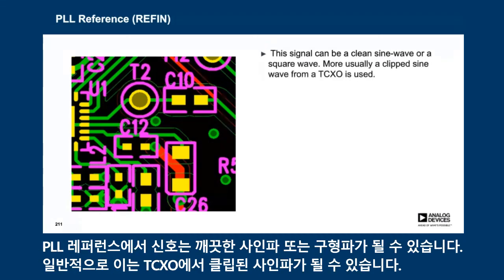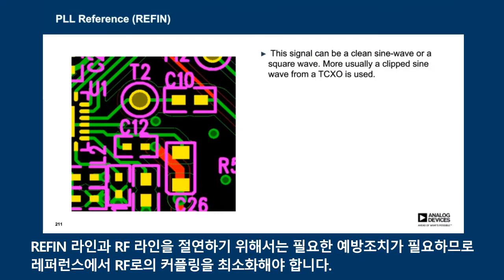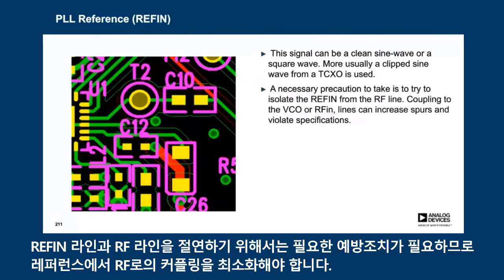So in a PLL reference, the signal can be either a clean sine wave or a square wave. More usually, it can be a clipped sine wave from a TCXO. A necessary precaution is to try to isolate the ref-in line from the RF line, so that we minimize coupling from the reference to the RF.